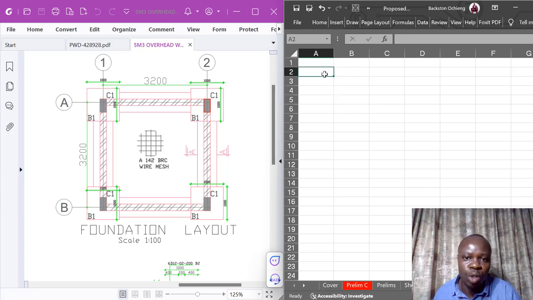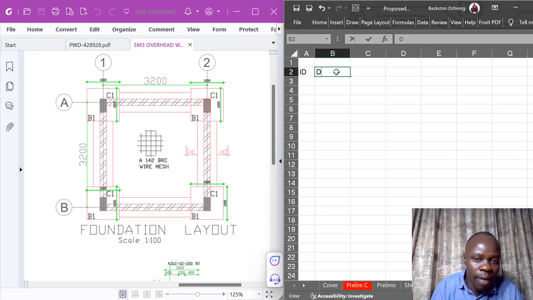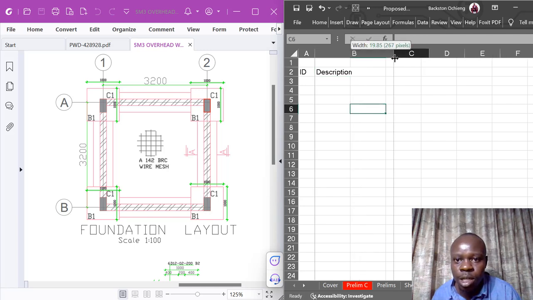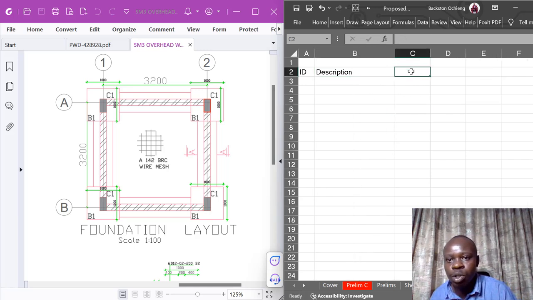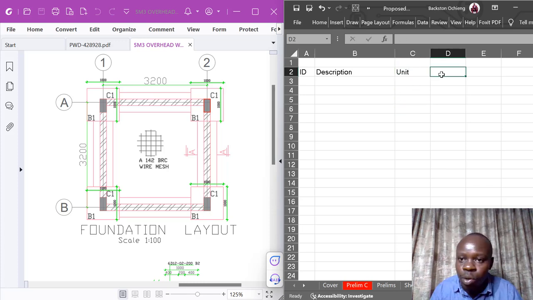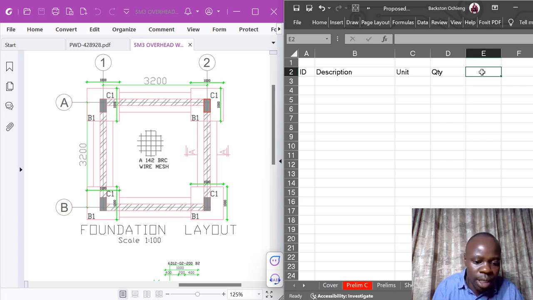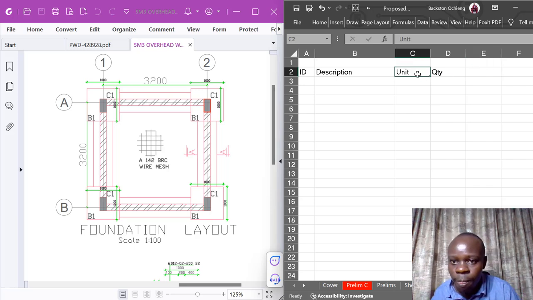As usual, this is the ID, which is basically for identification purposes, and then I will have our description here. After our description, I will have our unit, then our quantity, then our rate.